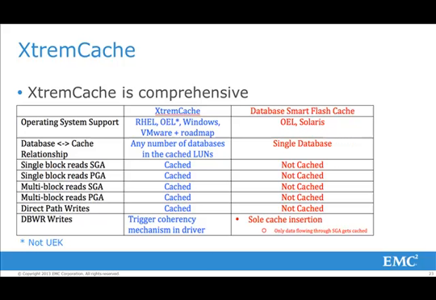So an extreme amount of acceleration is available for scanning data, for ETL, ELT. All of these sorts of operations are accelerated by XtremCache, and that's because XtremCache is comprehensive.